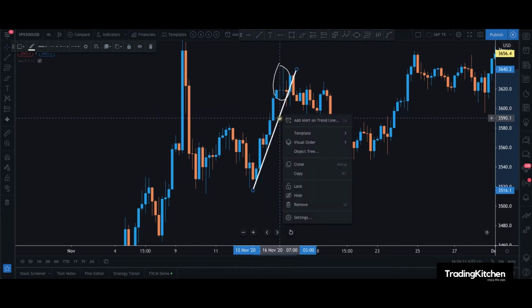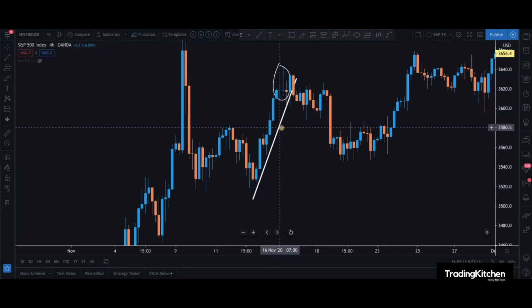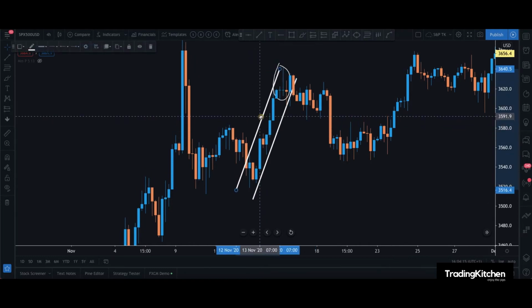Okay, maybe here we have a channel. And then we have a Doji. Often the Doji is in fact at the end of the trend. Most of the times.